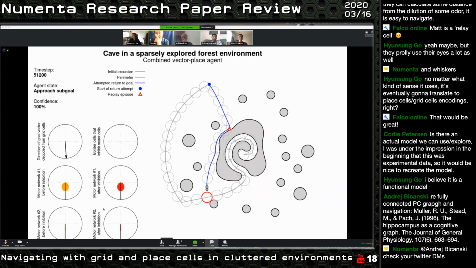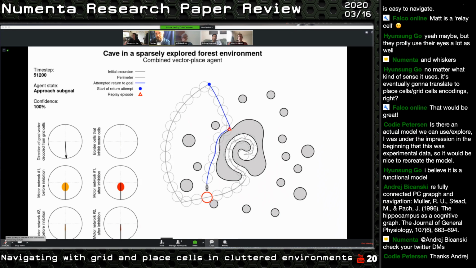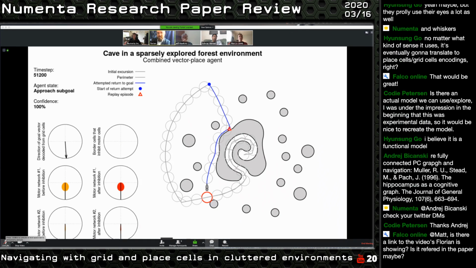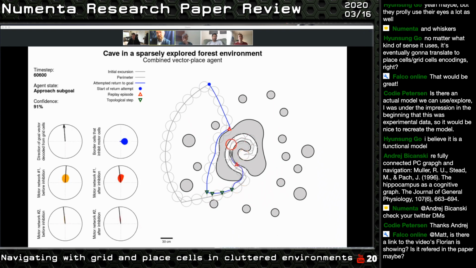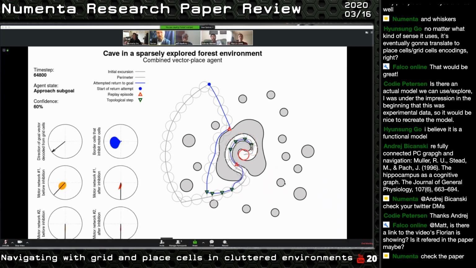It's interesting to stop at this point to see that, of course, the intermittent goal that gets set here gets set essentially on the basis of the gradient, when the agent got stuck, at that border: at what angle can I make progress? Technically, one could have chosen one closer out of the nest, but practically it needs to choose this one, and only once it's there can it resume that navigation based on replay and topological steps.